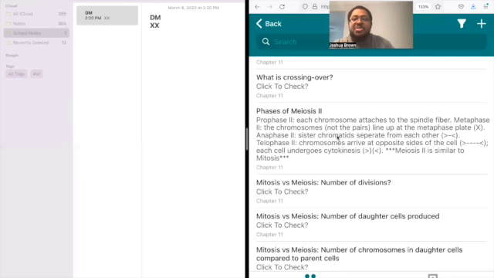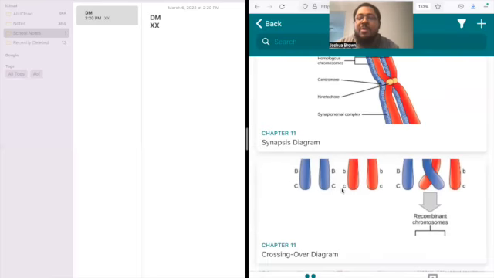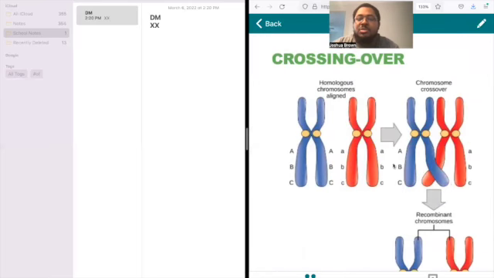So in anaphase two, the sister chromatids separate from each other. And I said sister chromatids, but they're not sister chromatids anymore. I should change that. They're non-sister chromatids. What I mean by that is the process of synapsis and crossing over has made it where those chromosomes are no longer the same. If you remember the diagram that I showed you before, I'm going to go ahead and pull it up real quick. This is the chromosome over here.